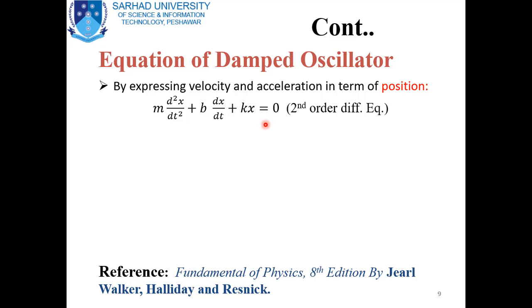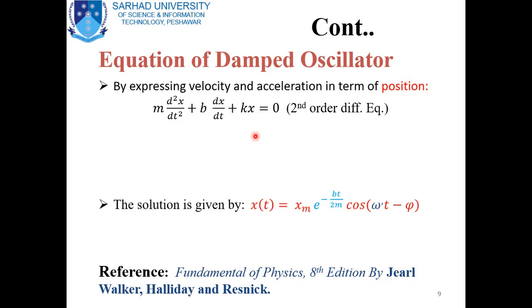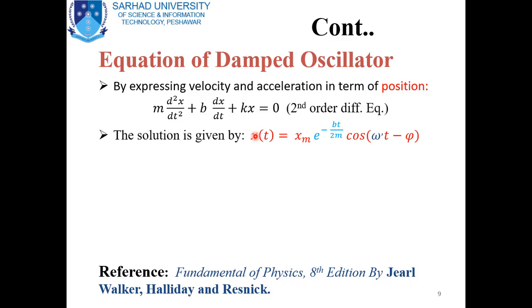This is a second order differential equation, and the solution of this equation is given by x as a function of time equal to xm e to the power minus bt divided by 2m, times cos of omega prime t minus phi.